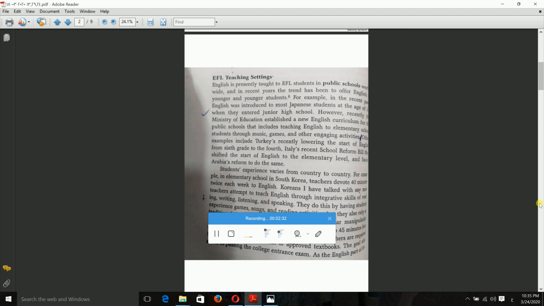Junior high school is also called intermediate school, which means al-madaris al-mutawassita. However, recently the Ministry of Education established a new English curriculum for the public schools that includes teaching English to elementary school students through music, games, and other engaging activities.